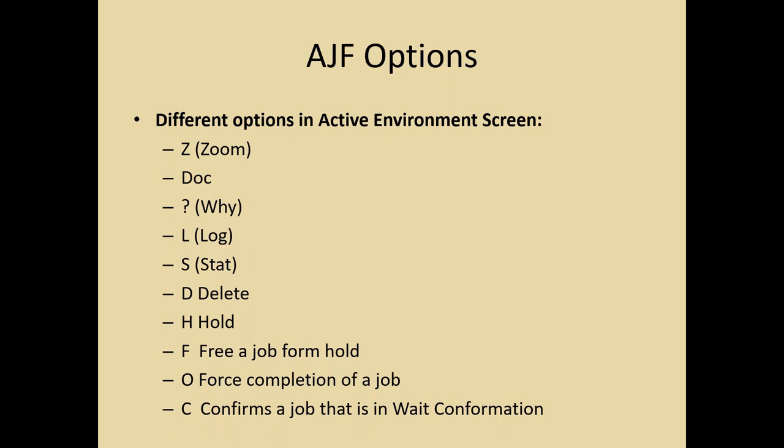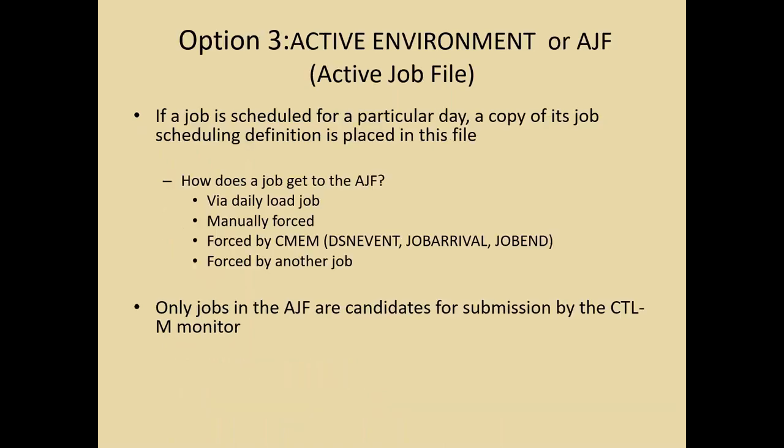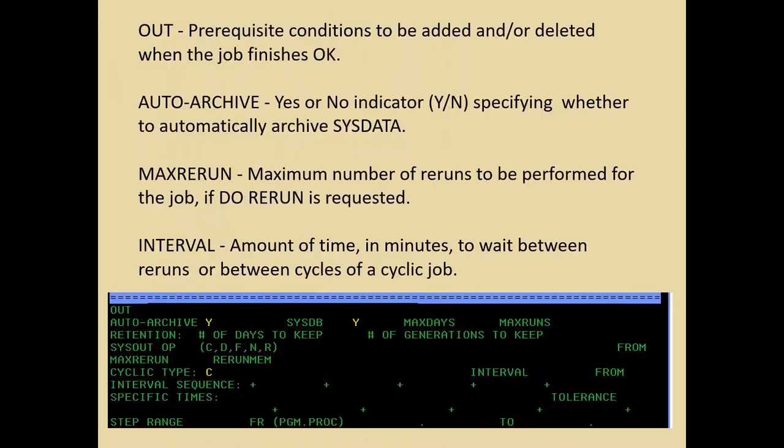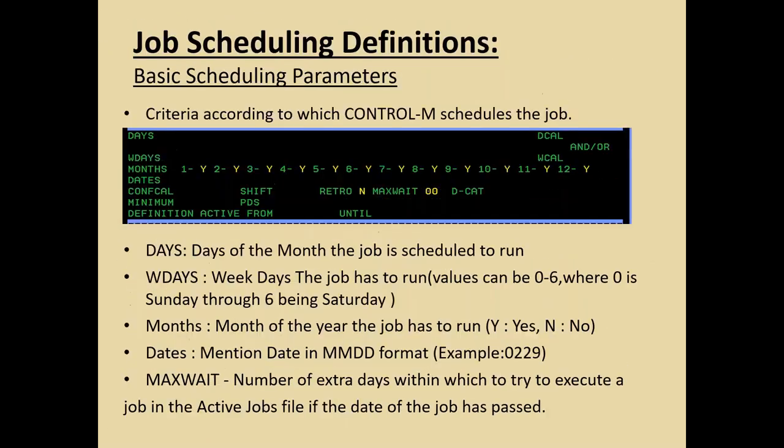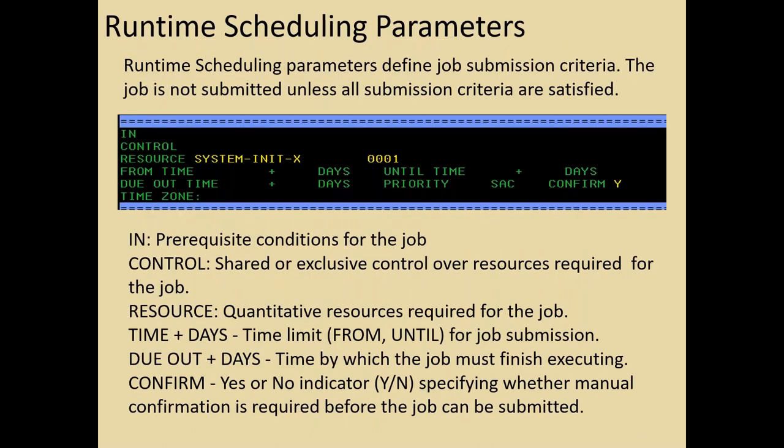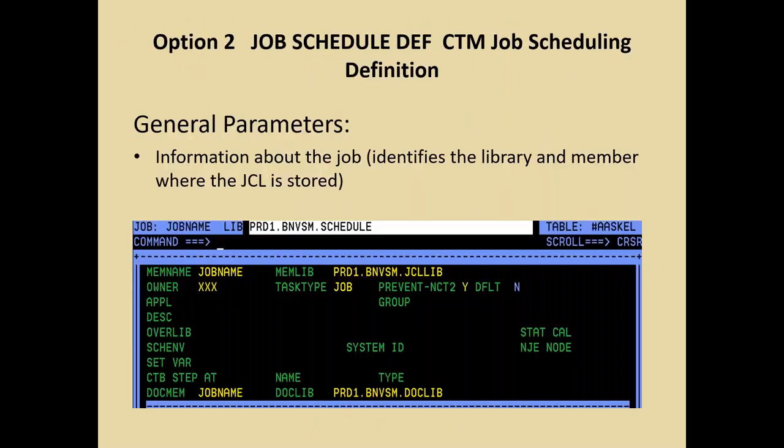If you want to see this screen, you use Z in front of a job, and it will open this screen. In this, there is an override library concept that I will explain when it comes to job restart.